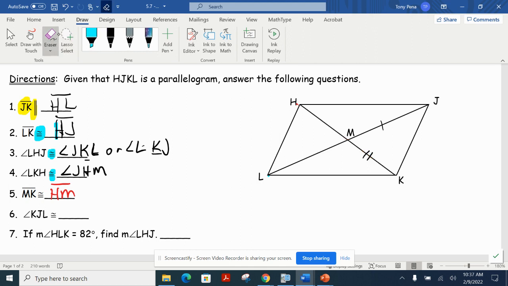All right, JKL or KJL. So here is, where is it? KJL is this angle. I want to know what angle that is congruent to. Keep in mind what we just talked about a minute ago when Hannah did it. We have two parallel lines here.